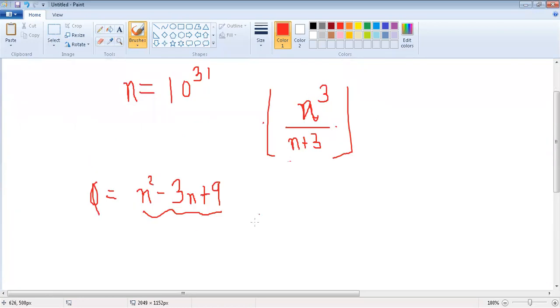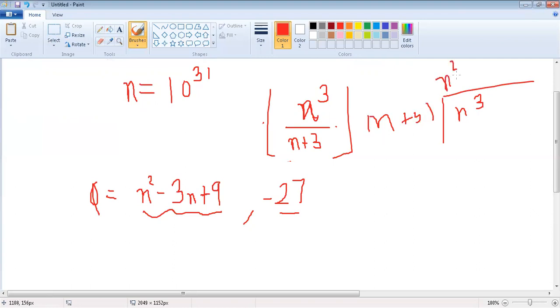And the remainder we are left with is minus 27. You can confirm this by doing long division. Let me do it for you. n cubed divided by n plus 3. This goes n square times, so here we get n cubed plus 3n square, minus 3n square.